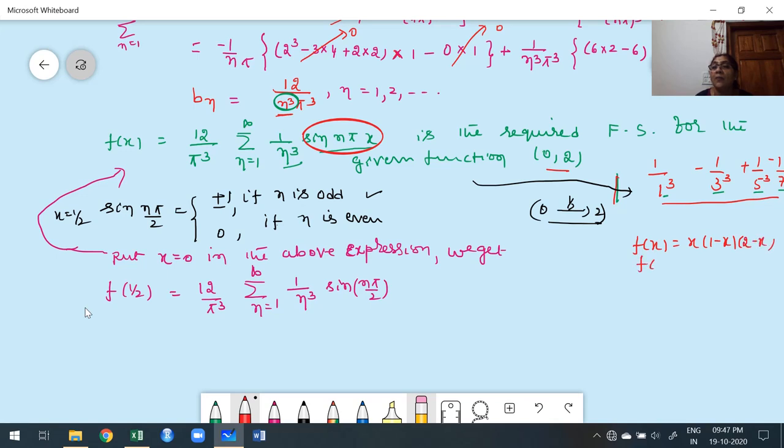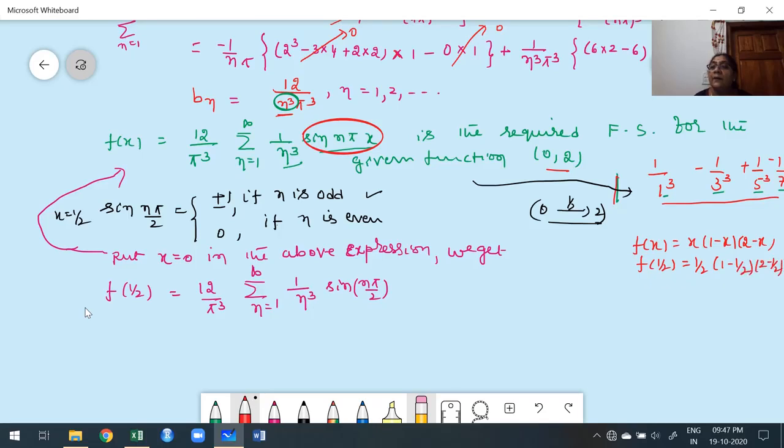f of half. What is f of half? Half into 1 minus half, not half minus 1, as I have to put x is equal to half, and then 2 minus half.